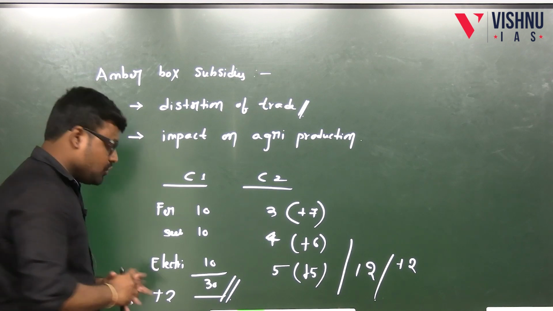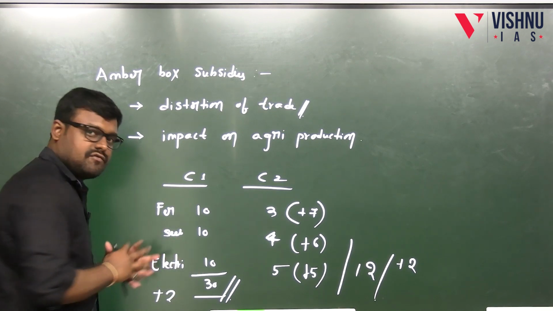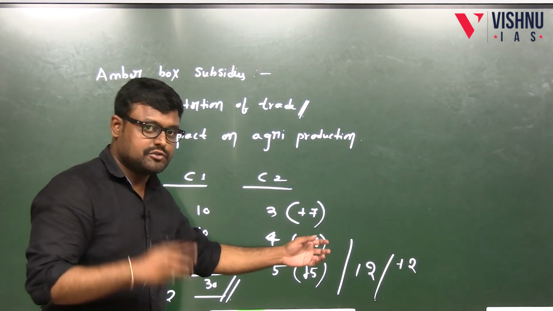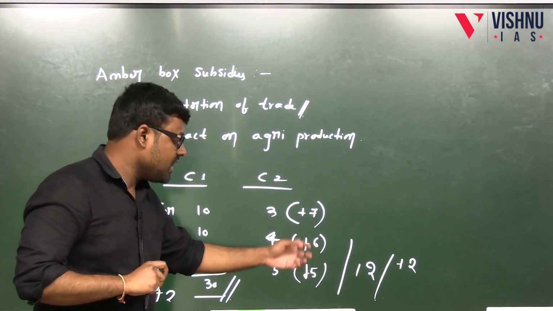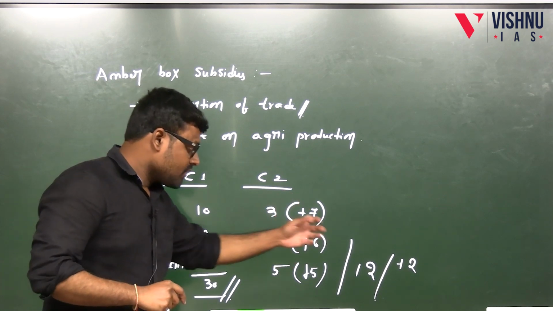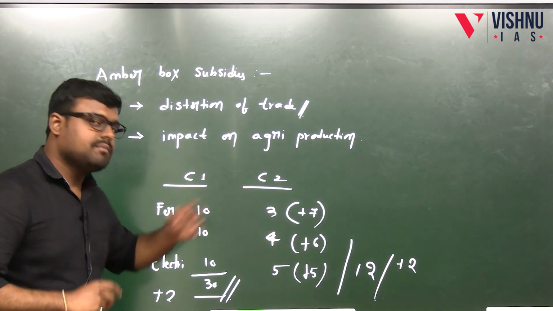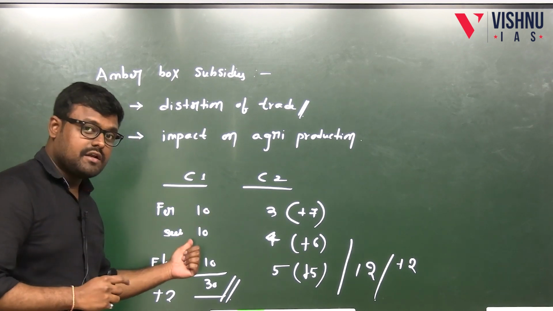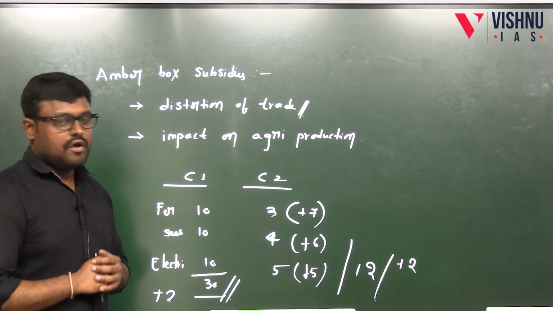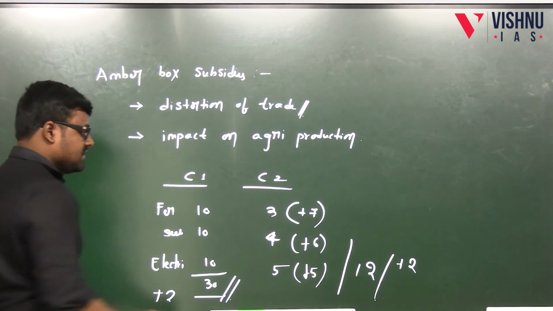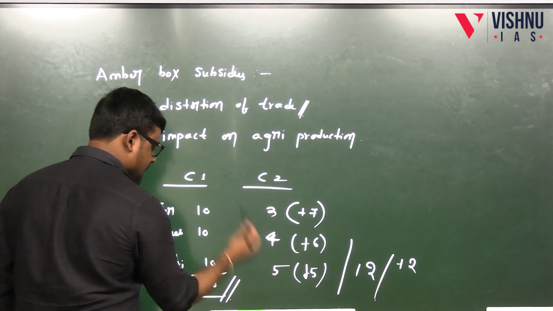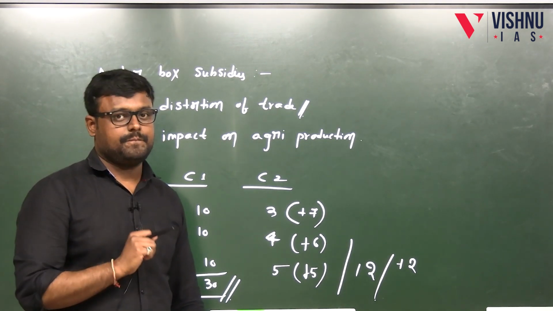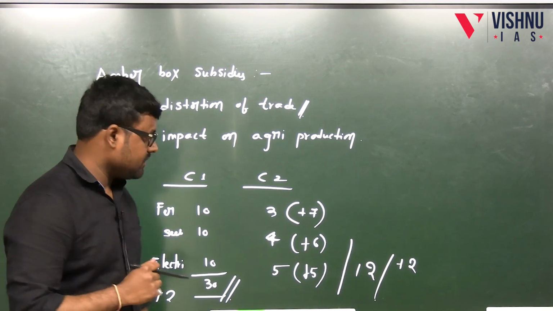This farmer cannot compete with the cheap agricultural produce, cheap in terms of price, currency, which is coming from this country. So therefore, this farmer is going to lose. Therefore, these subsidies, that is the fertilizer subsidy, seeds subsidy and the subsidy on electricity, are causing a distortion in trade.